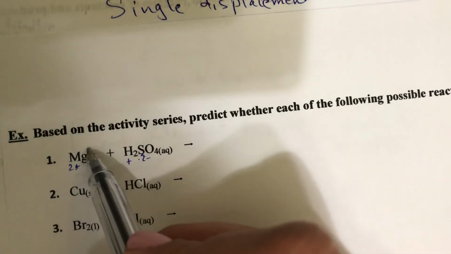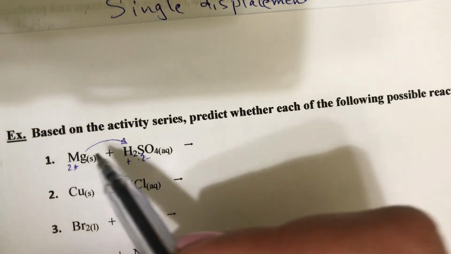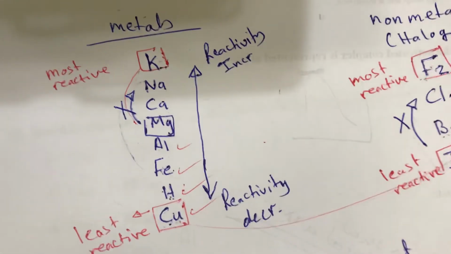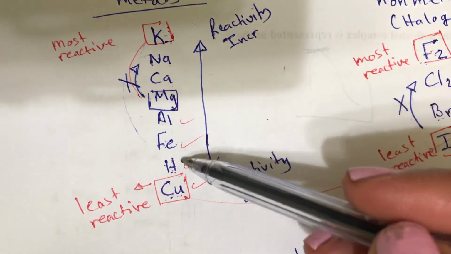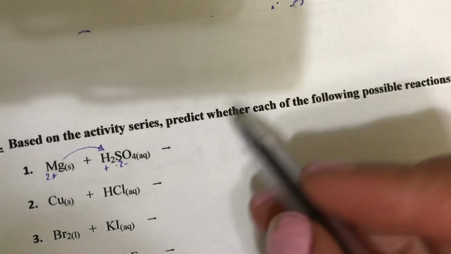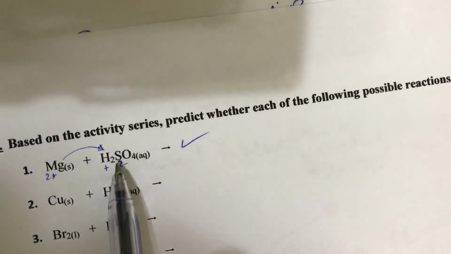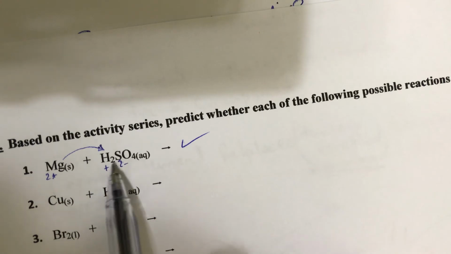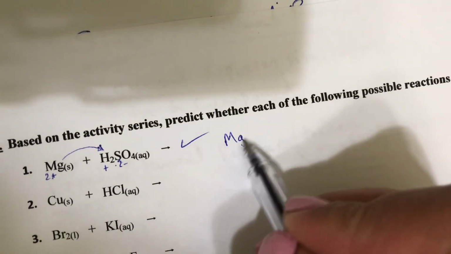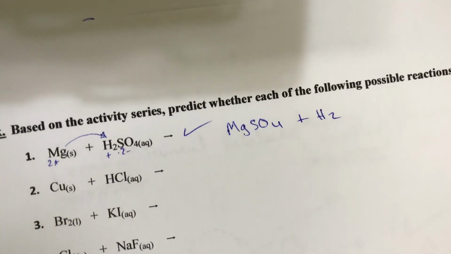So magnesium replaces hydrogen, but is magnesium more reactive than hydrogen? So what about the series? Magnesium is more reactive than hydrogen, so it can replace hydrogen, so the reaction occurs. What are the products? Instead of sulfuric acid, hydrogen with sulfate group, we get magnesium with sulfate group, and hydrogen gas.